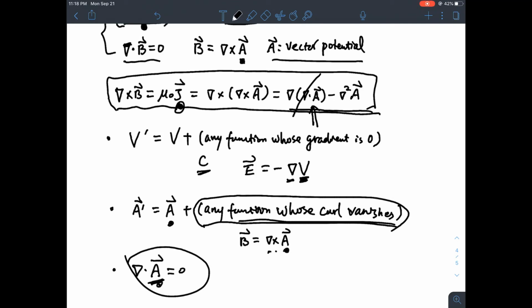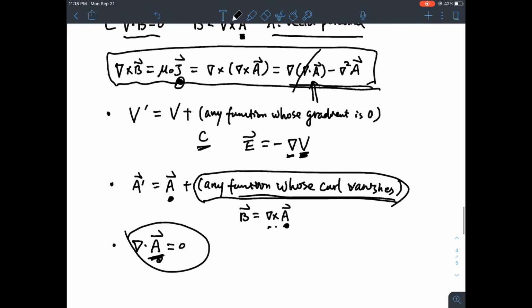So how do we do this? Let us say I have my original A, which I call A0. This is my original A. For my new A, I introduce a function lambda.